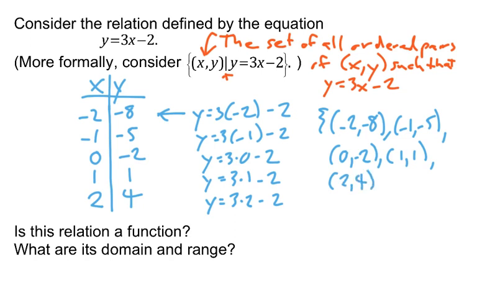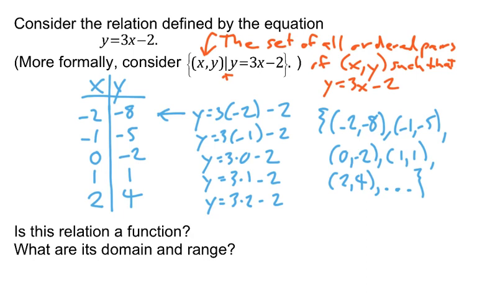So you really can see that that equation is generating a set of ordered pairs, is generating a relation. The thing is, these are not the only values of x I could choose. There are millions, in fact, infinitely many more. So this is only a sample of the ordered pairs in this relation. There's many, many, many more.